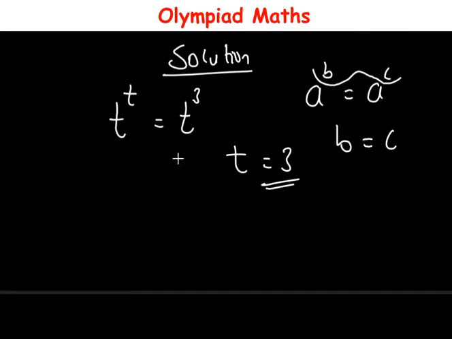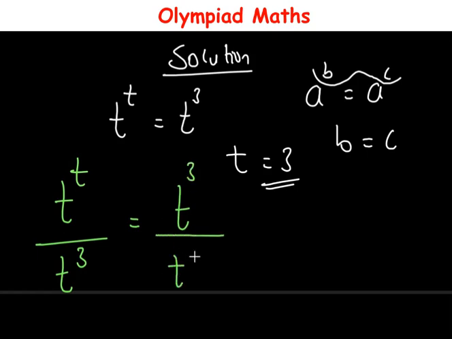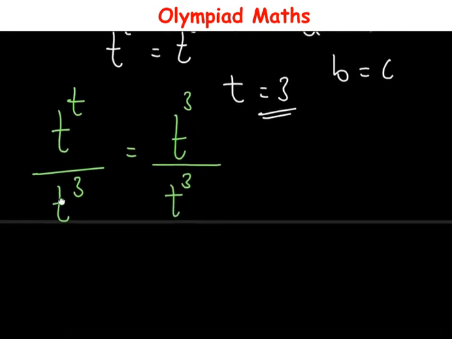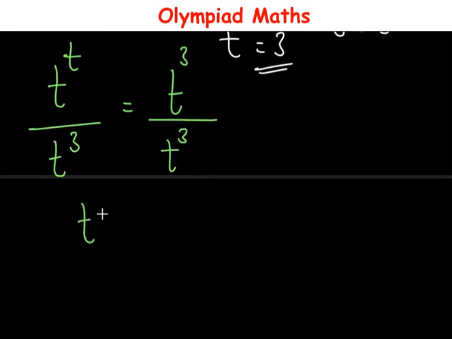The first thing we're going to do is to divide the equation by t raised to power 3. So this becomes t raised to power t over t raised to power 3 is equal to t raised to power 3 divided by t raised to power 3. Such that with this, what we have is t raised to power t over t raised to power 3 is equal to, this divided by this, we have 1.